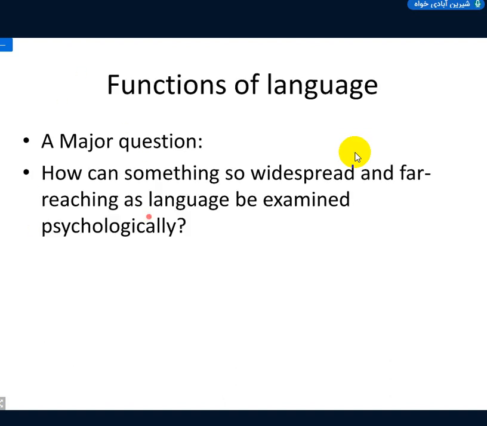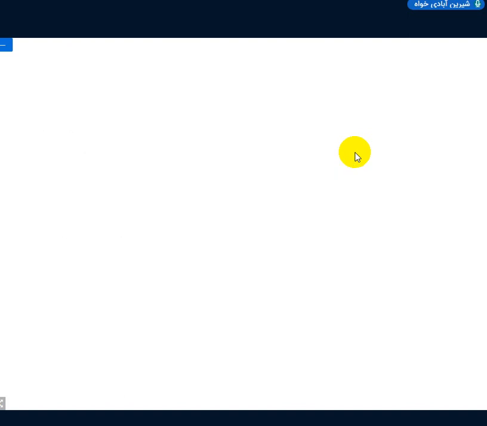And now the question is, we have different functions for language. How can something so widespread and far-reaching as language be examined psychologically? It's too vast. How can we study language which is too vast, too extended, unlimited?